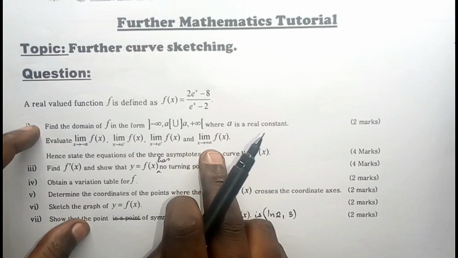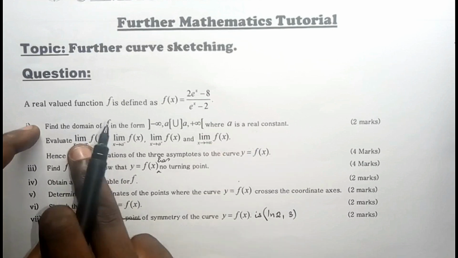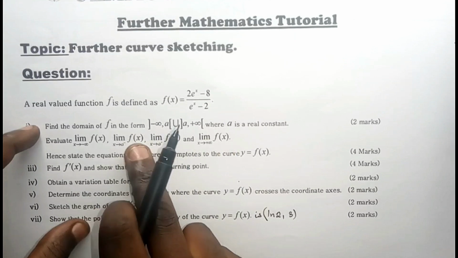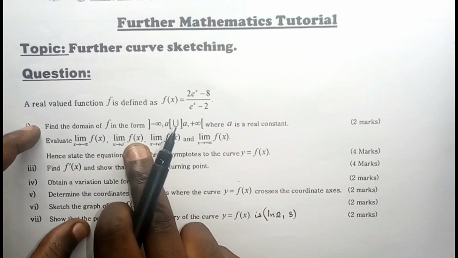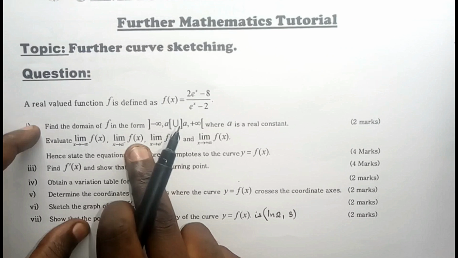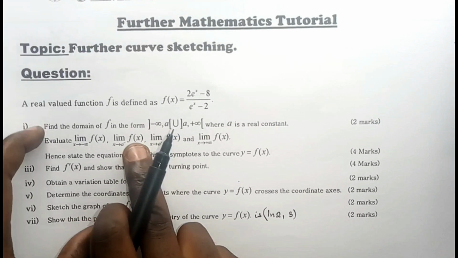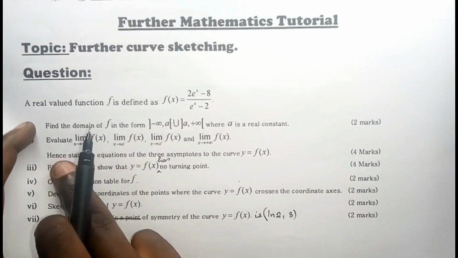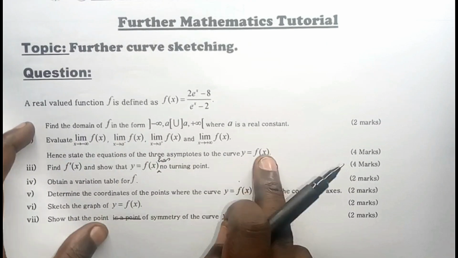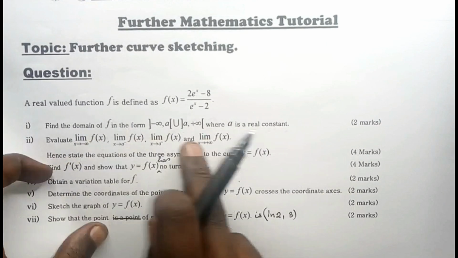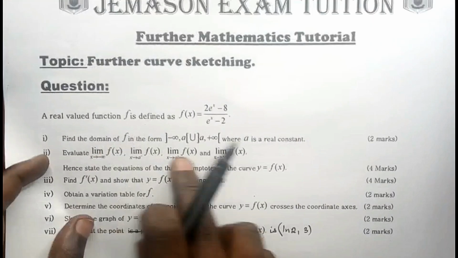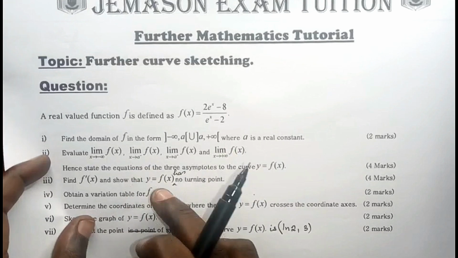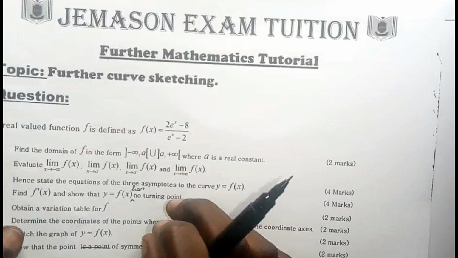It's important to know, those that tend to infinity provide horizontal asymptotes, and these other ones to the left and to the right of the vertical asymptote confirm that that restricted value of the domain would always be the vertical asymptote. So it's important to know before we arrive there, because we are now asked to state the equations of the three asymptotes to the curve following our results here. If you miss these limits, you are likely to miss the asymptotes, and of course your curve wouldn't come out as it was supposed to be.